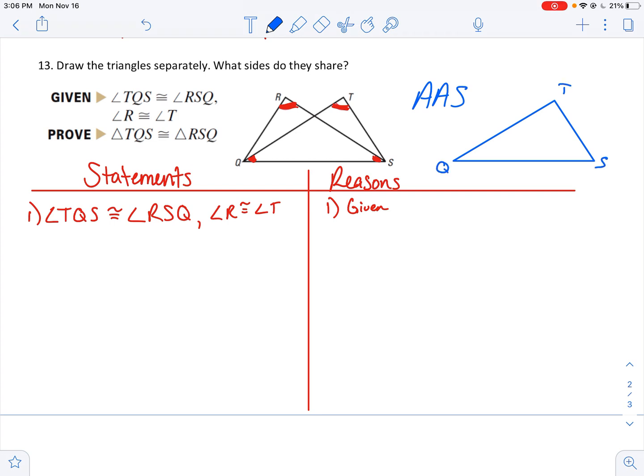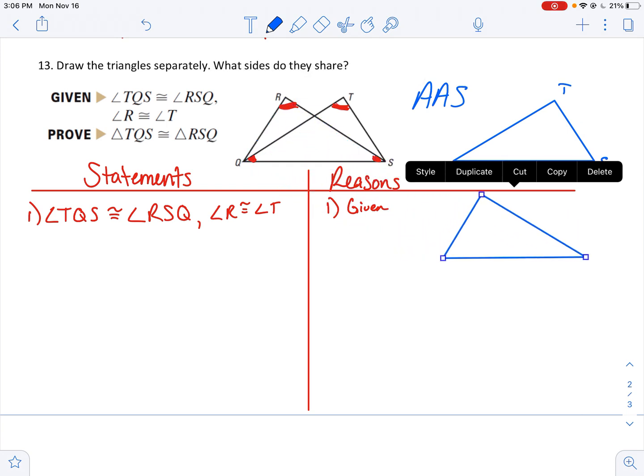Let me draw these separately for us. And here's RSQ. So what am I given? I'm given an angle, done. Given an angle up top, cool. I need a side.